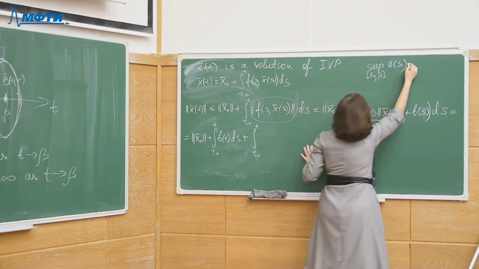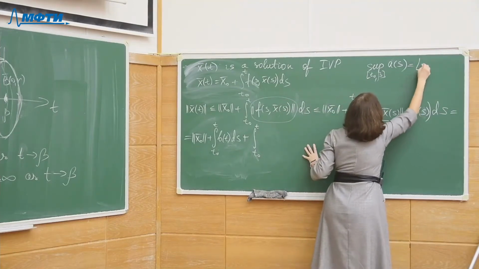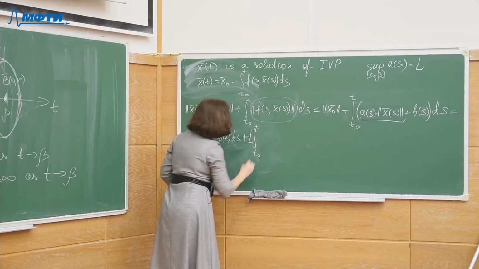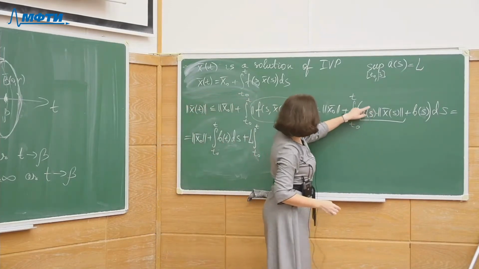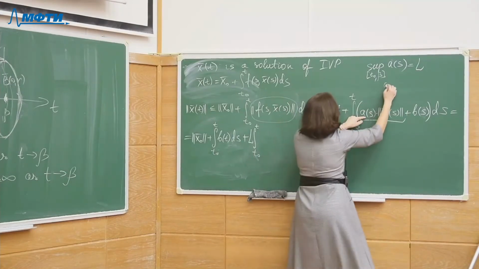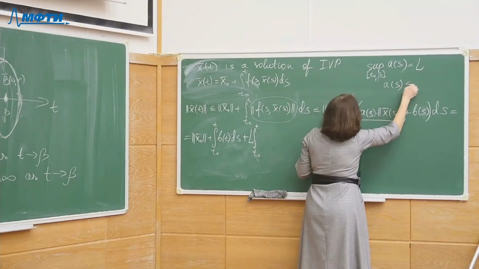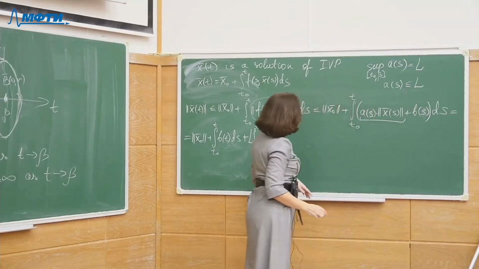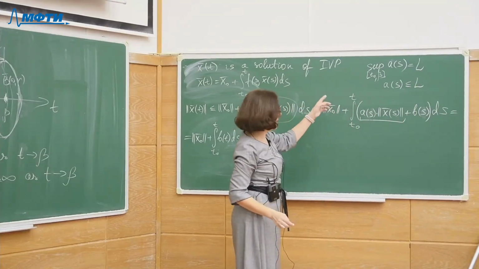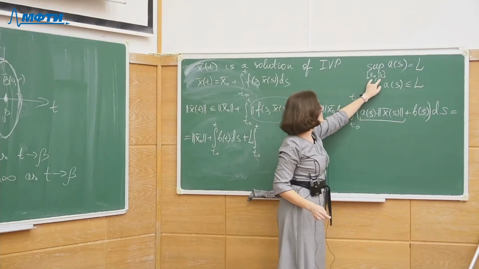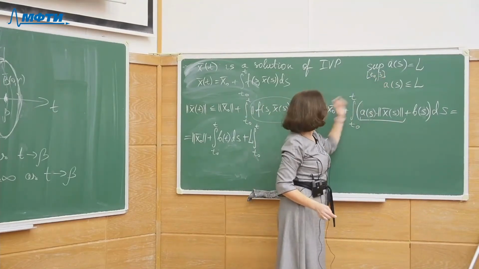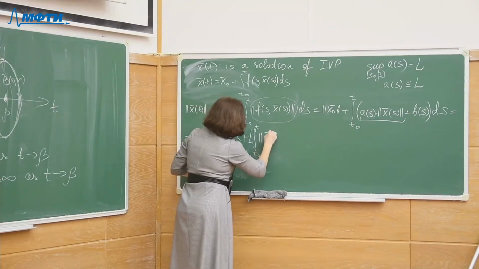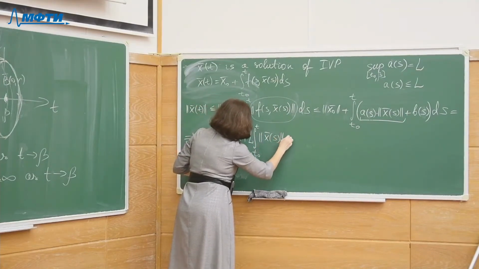I will denote it by L. And so a of s is less than or equal to L. L is a finite number because this is a segment and a is continuous. And so it doesn't exceed L times the norm of x of s ds.